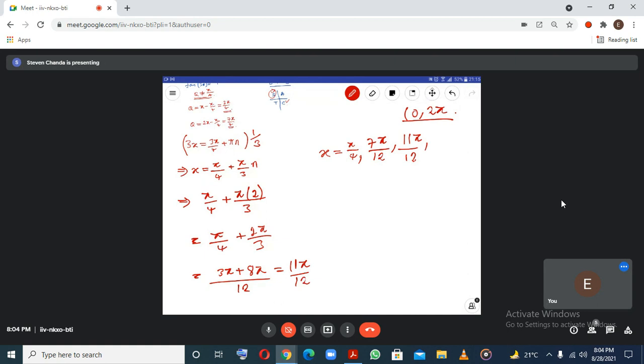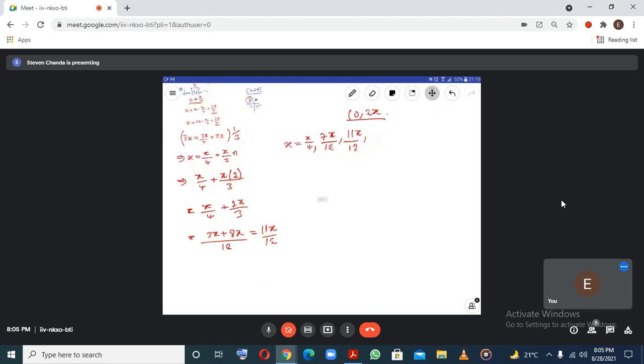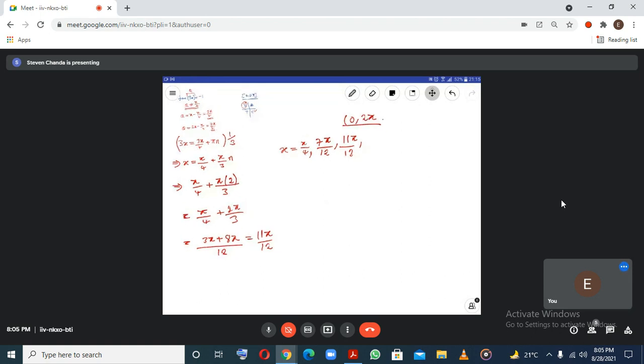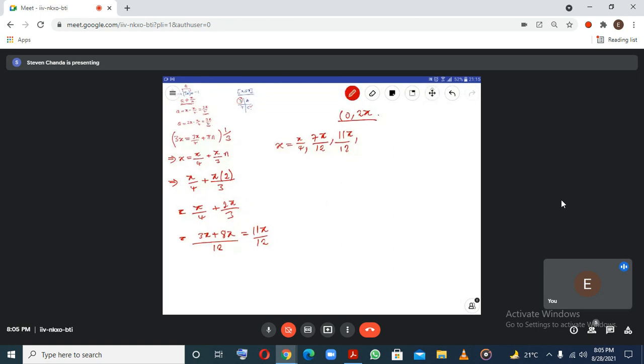Then if we continue, by the same token, now if we want to continue, let's see the next one is going to be what? The next one is going to be, if now n is 3.